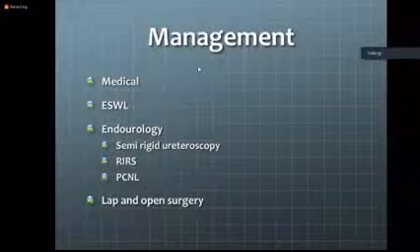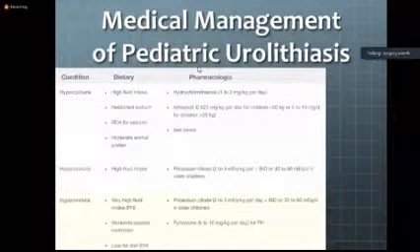So the medical management of pediatric urolithiasis is really focused upon the cause. There is not one formula or one pill which works for everything. Potassium citrate would be counterproductive in patients who have infection stones, because you really need to increase the pH in that situation.